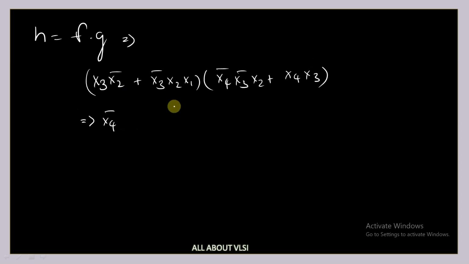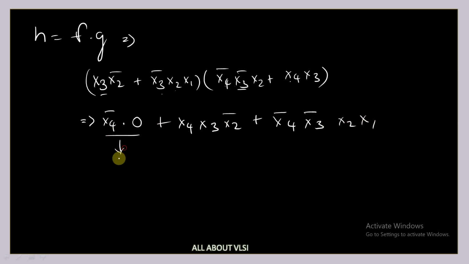I need to solve it. x4 bar x3 into x3 bar is 0, so I will get 0 simply. Plus x4 x3 into x3 x2 bar gives x4 x3 x2 bar, plus x3 bar x4 bar x3 bar x2 x1, so this term is made 0.